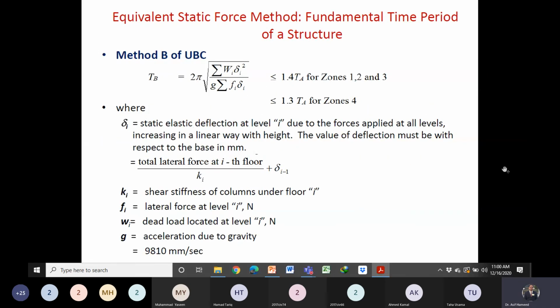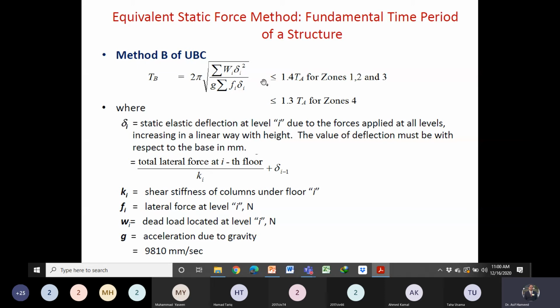So then we have a third method, method B of UBC. In this method, we need the weight at the different floors, the lateral force acting at the different floors, and the displacement at the different floors. By using this formula, we can calculate the time period. We will solve one example.